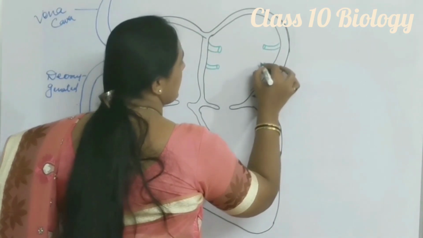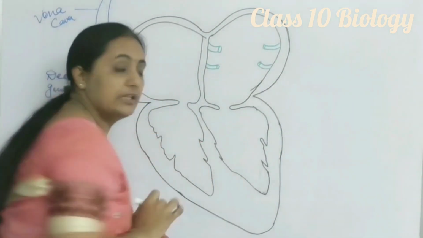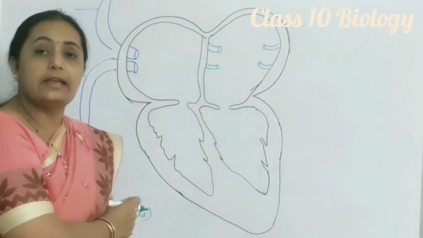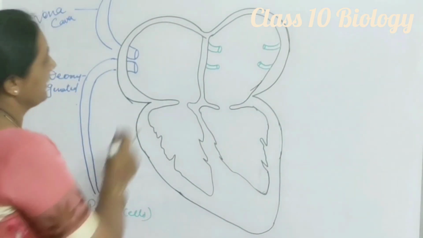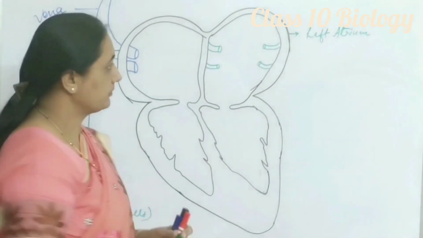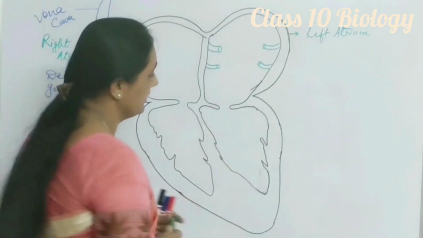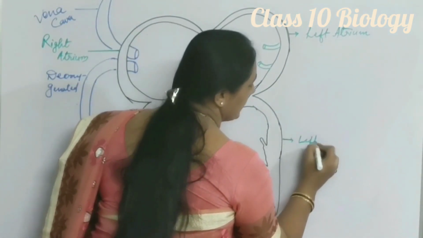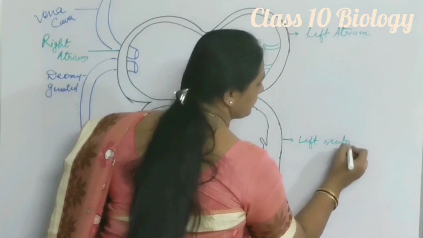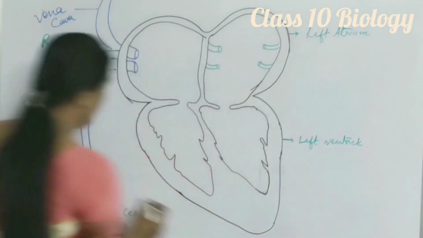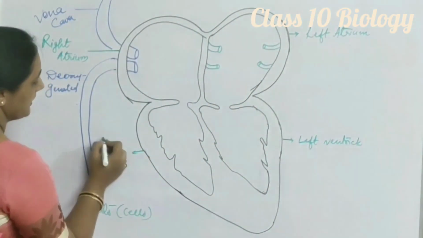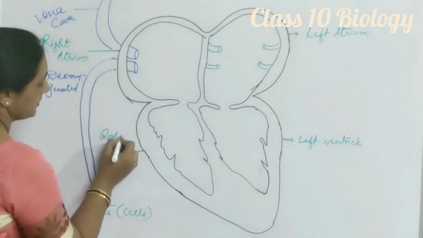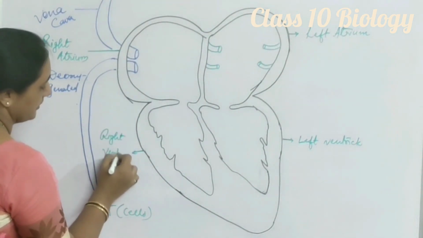These are the 4 pulmonary veins. They open in the left atrium. This is the left atrium. Same here, this is the left ventricle, and this side is the right ventricle.